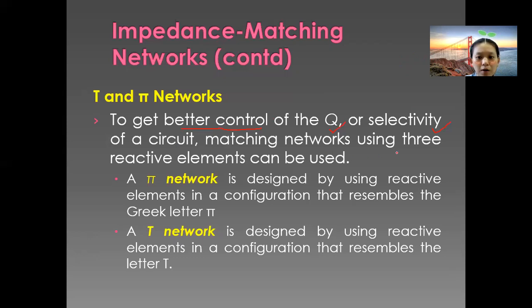The impedance network uses 3 reactive elements, which is why it has the shape of pi or T. The pi network is designed using reactive elements in a configuration that resembles the Greek letter pi. For the T network, we use the reactive elements in the shape of the letter T.